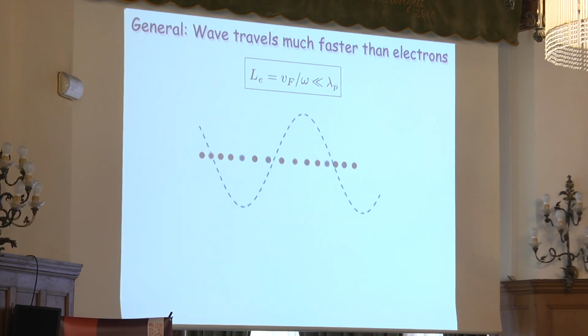Now, without giving you the full equations, I'm just giving you the picture. This is what it looks like. So if you have a usual plasmon, it is like this, right? You have a wave, and that consists of some shaking of electrons, okay? And the electrons are just shaking a little bit.